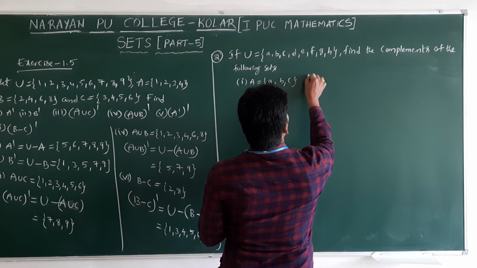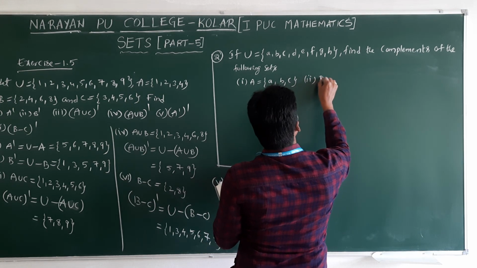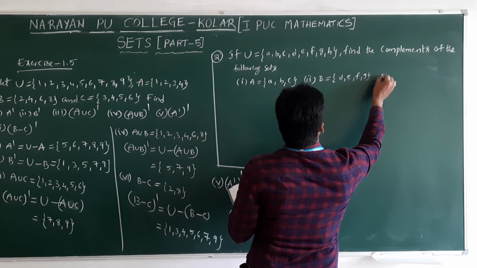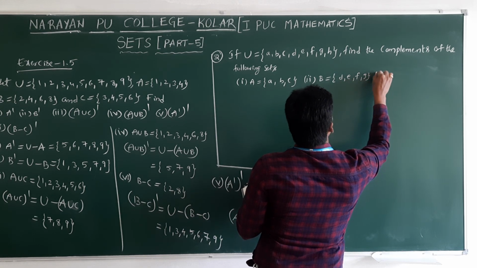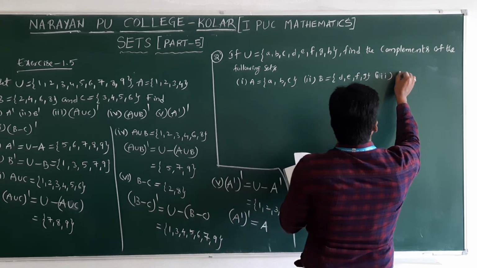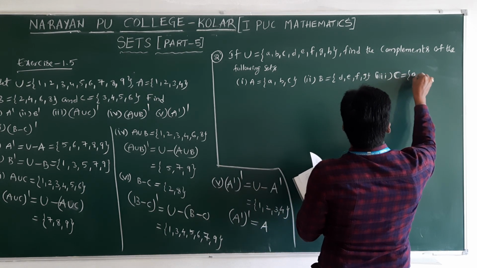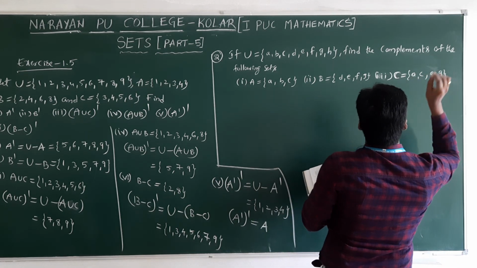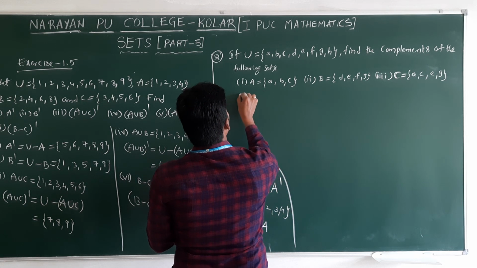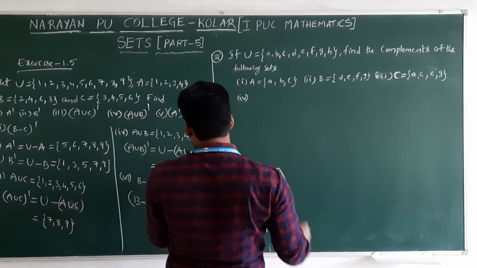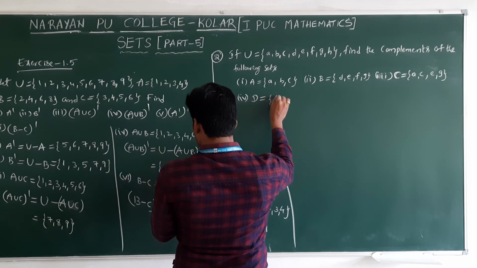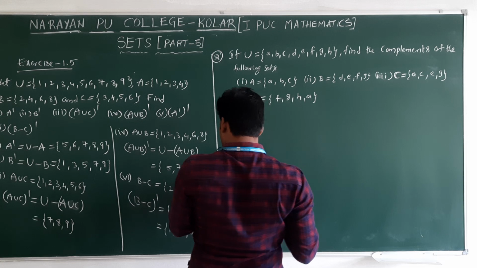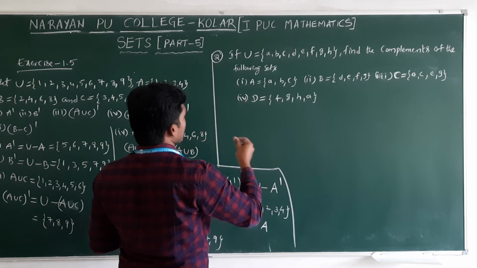Second one, B equal to D, E, F, G. Third question, C equal to A, C, E, G. Next fourth one, D equal to F, G, H, A. These are very easy, you can find out.